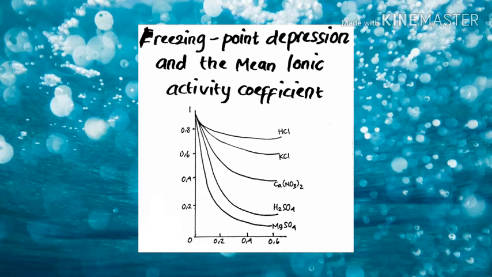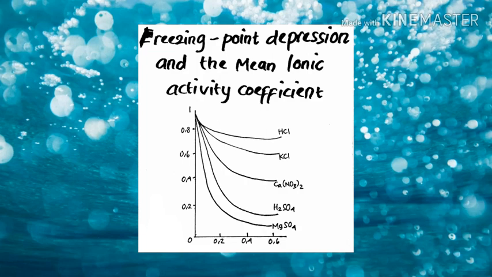In a later section, we shall see that the theory of Debye and Hückel predicts that in a sufficiently dilute solution, the mean ionic activity coefficient should depend only on the charges on the ions and their concentration, but not on any other individual characteristic of the ions.